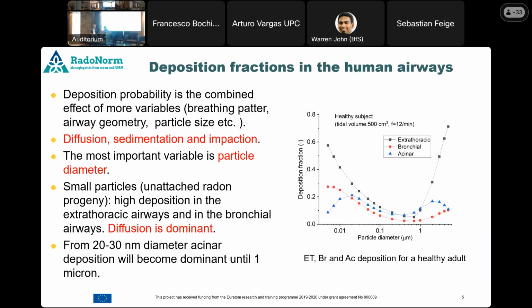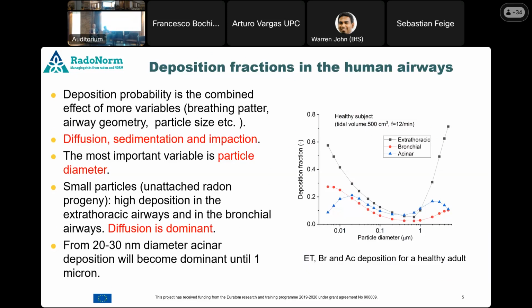Now I would like to highlight how particle diameter influences the deposition pattern of the particles. As you see, I made my calculation from 5 nanometers to 5 micrometers. The smallest particles, the unattached progeny, deposit with very high probability in the upper airways and in the bronchial areas. Probably in reality, no one gets into the acinar airways.